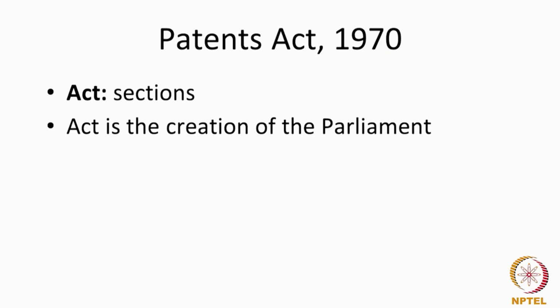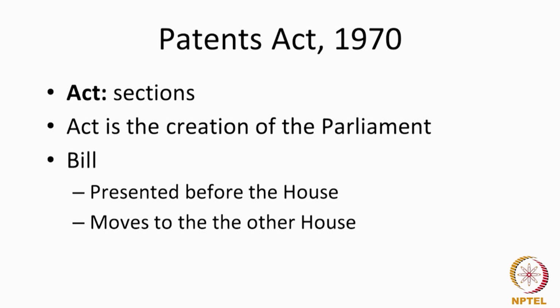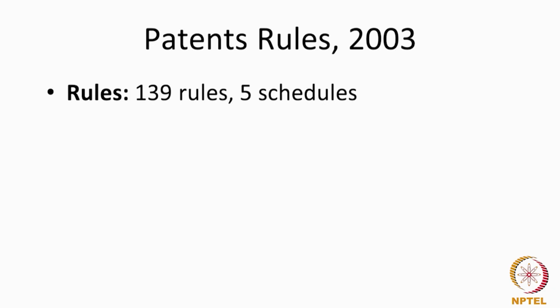As we mentioned, an Act is a creation of parliament. It takes its life in the form of a bill. The bill is presented before a house, then it moves to the other house, and later it receives the presidential assent. Rules. The basic unit of the rules are the rules themselves. You have 139 rules in the Patent Rules 2003, and we have 5 schedules.